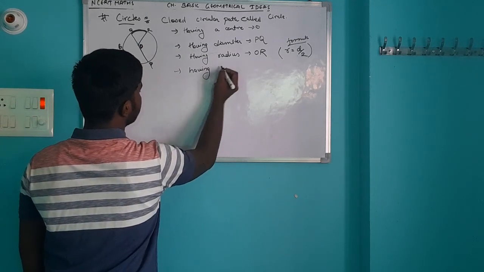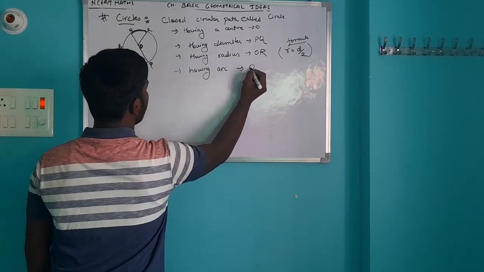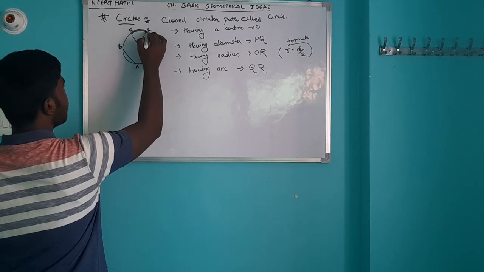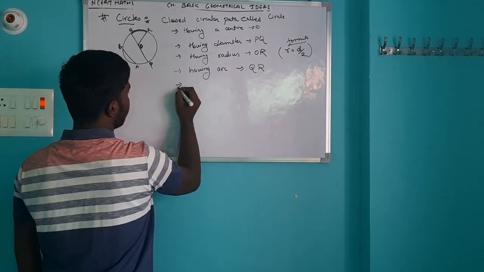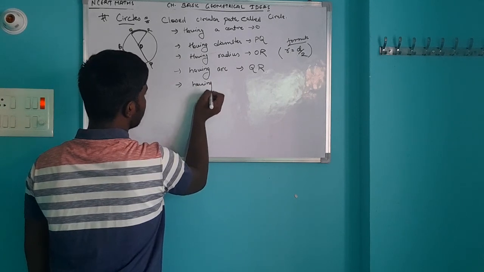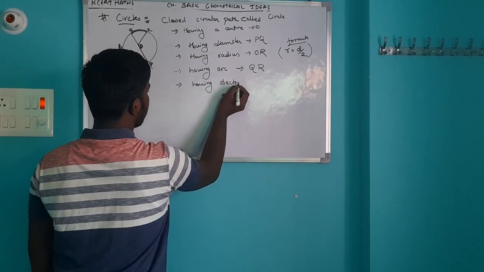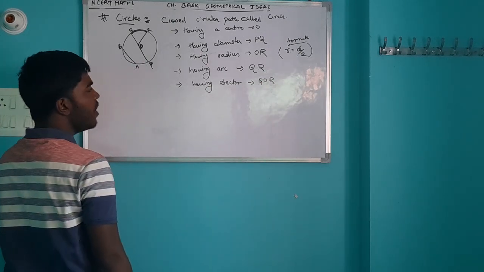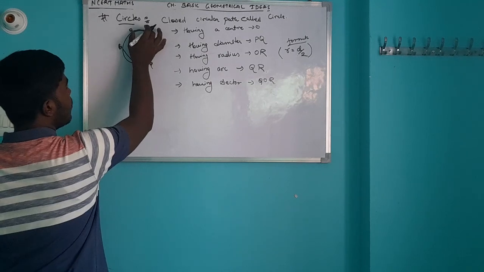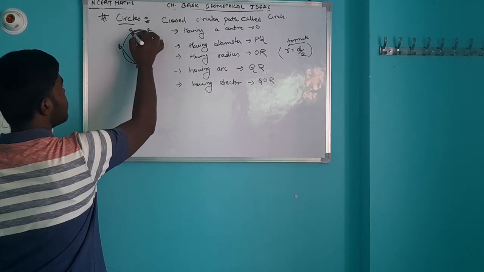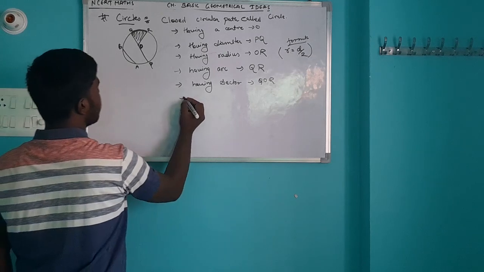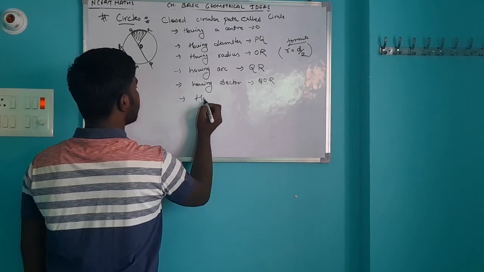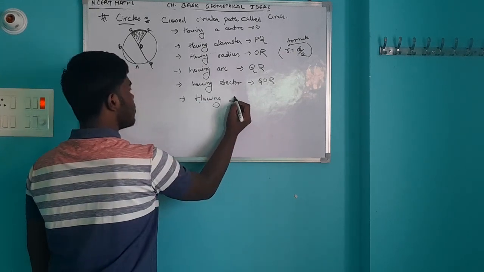Having arc QR. The arc is the boundary, the shaded portion for a particular region QR. Having sector QOR. The sector is made from the arc with the two radii meeting at the center point. This is the sector. Having chords.